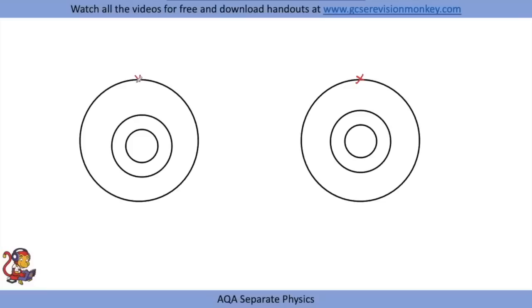The S waves would be shown to travel through the mantle of the Earth, both sides like this as the waves are generated, and seismometers around the Earth, for example here and here and here, would detect these S waves.